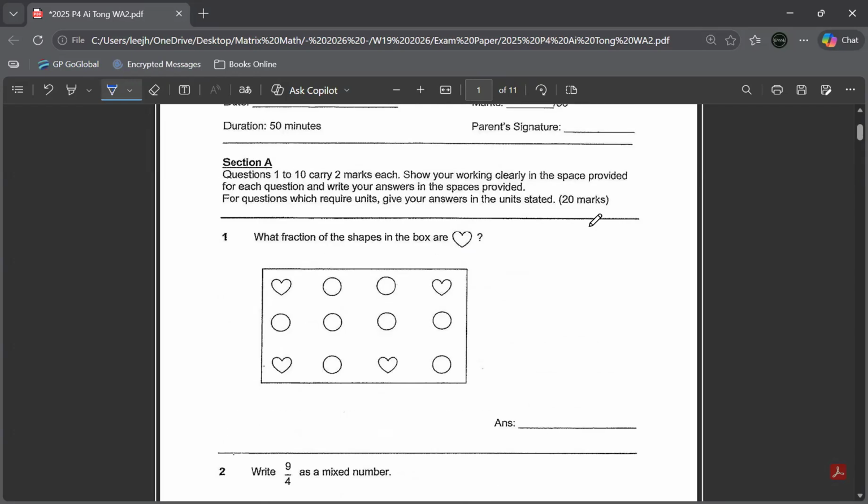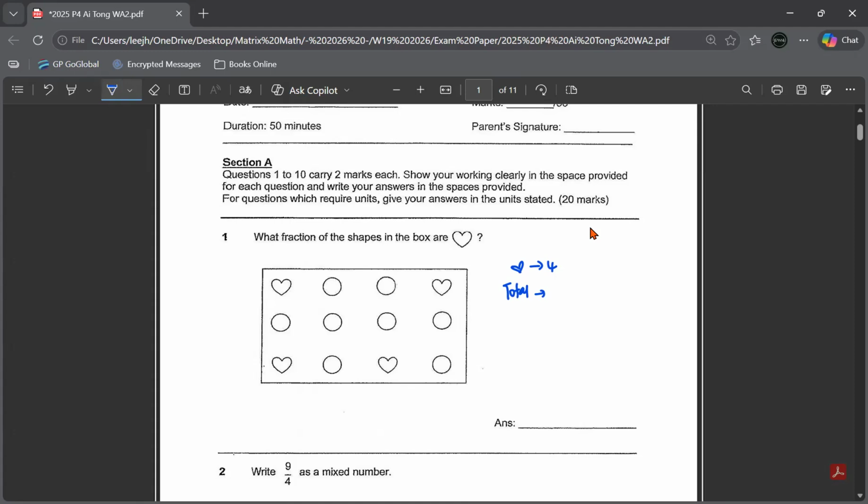Okay, question 1. What fraction of the shapes in the box are halves? So you can see that actually there's 1, 2, 3, 4. So that means if I want the hearts, I know that I have 4. But you know that when you express as a fraction, you need the denominator to be the total number of items.